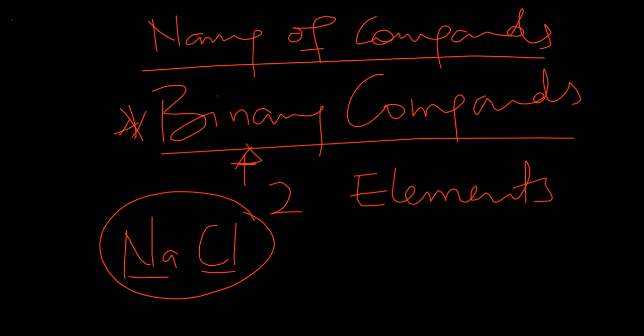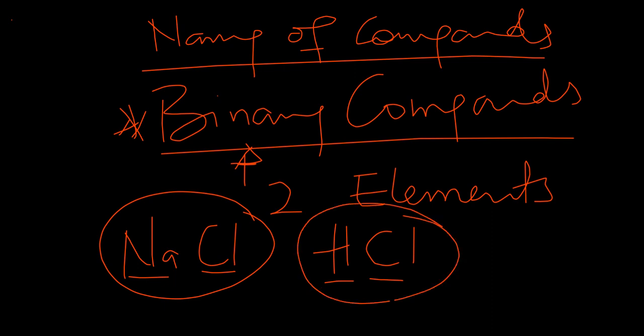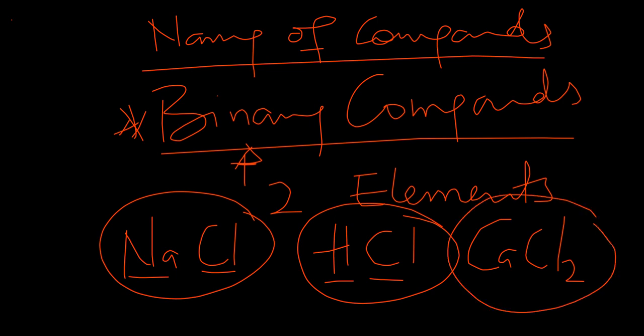Another example is HCl. Hydrogen and chlorine joined together to form a compound that's also binary. And CaCl2, that's calcium chloride. This is also made up of two elements, so it's also a simple binary compound.